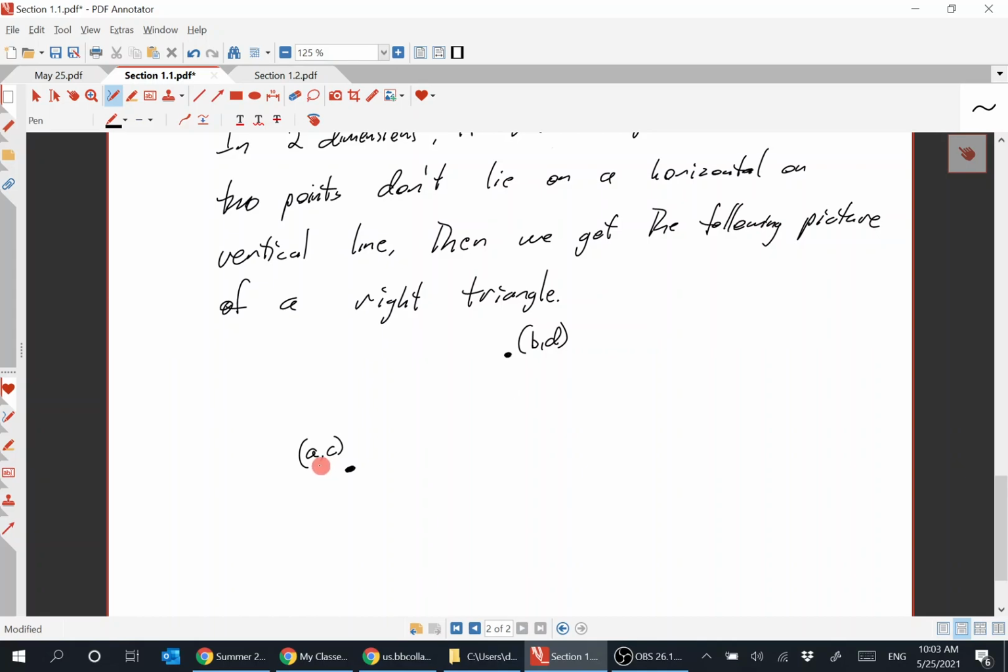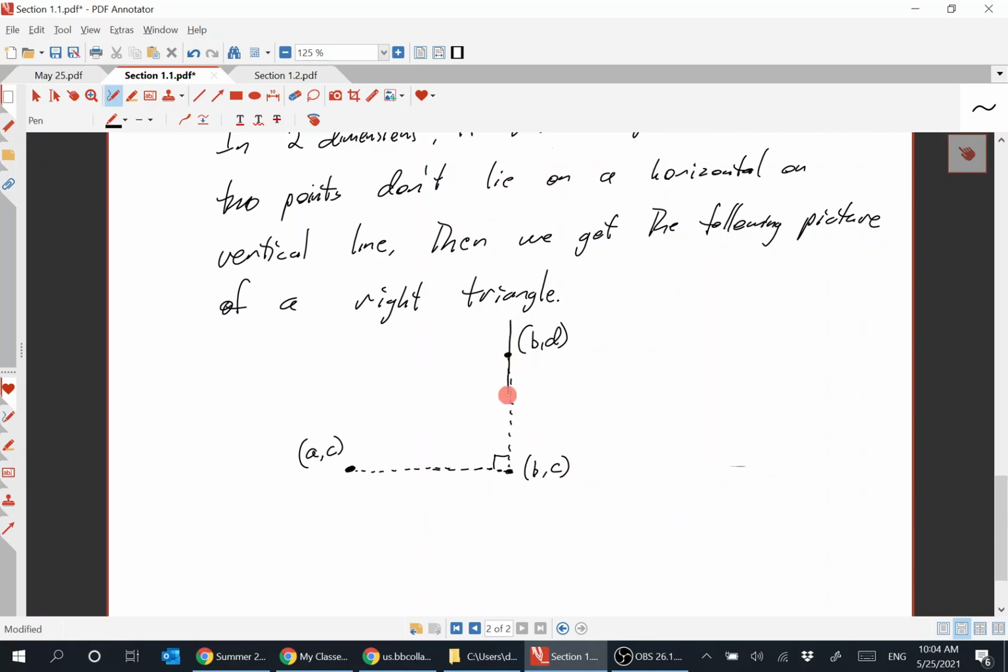So x coordinates A and B, y coordinates C and D. Now, if you take a horizontal and a vertical line through the AC and the BD points that meet at a 90-degree angle, like that, then this point right here has x coordinate equal to B and y coordinate equal to C. Because they lie on the same horizontal line, the y coordinates are the same, just the x coordinates change.